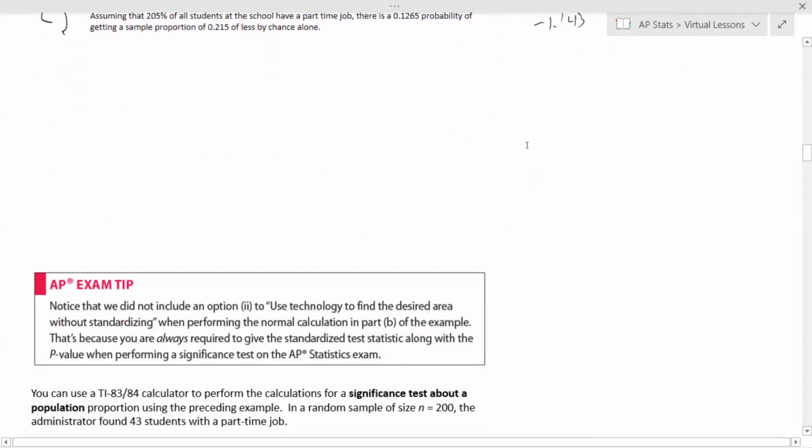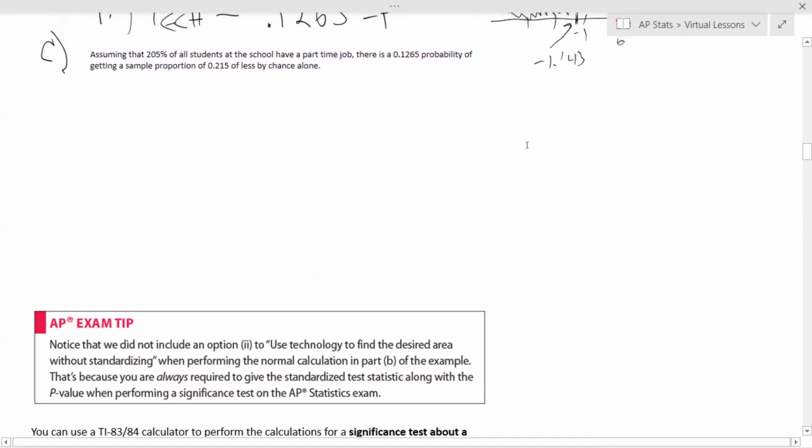Now, notice that we did not use technology to find the p-value without standardizing when performing the normal calculation in part B of the example. That's because you're always required to give the standardized test statistic along with the p-value when performing the test on the AP Stats exam.